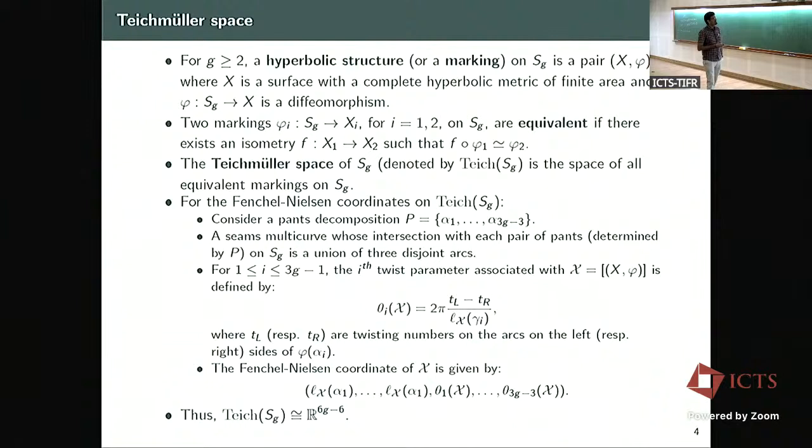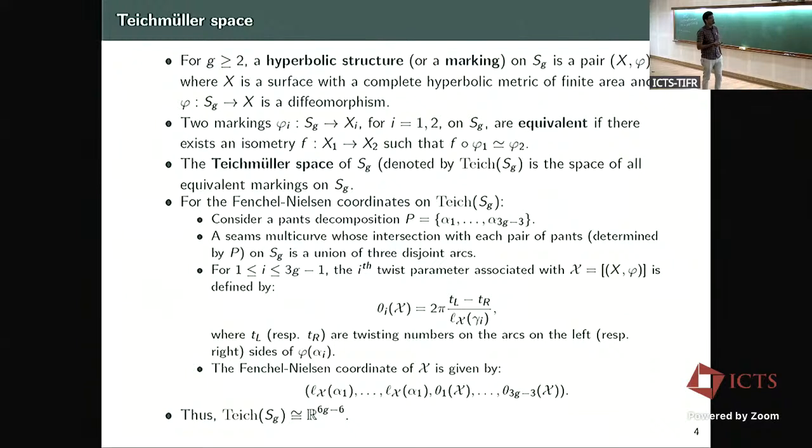Okay? And two such markings are equivalent if there is an isometry f between X_1 and X_2, such that this diagram commutes up to homotopy or isotopy. That is, f composed with phi_1 is homotopic to phi_2. And the Teichmüller space is the space of all equivalent markings.